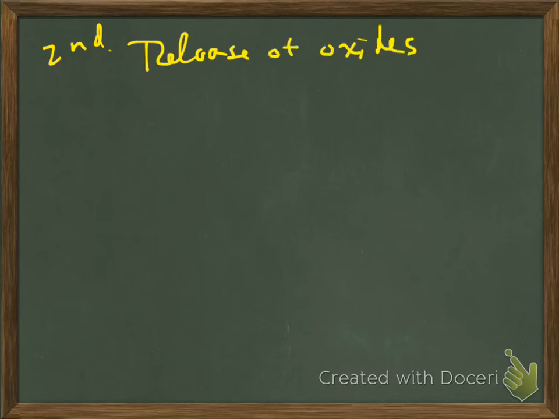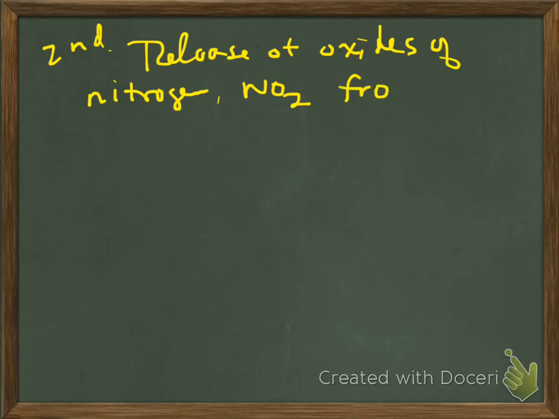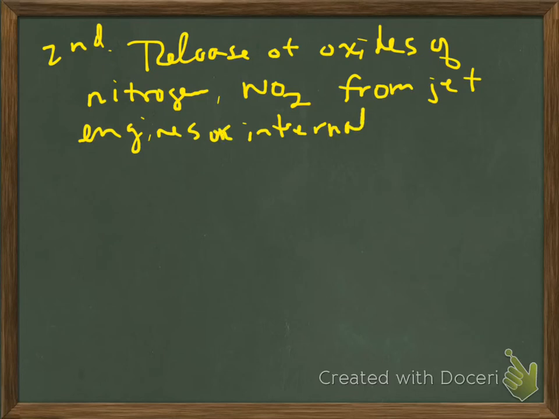All right, the second reason for acid rain to form is the release of oxides of nitrogen, things like nitrogen dioxide. These are from jet engines or internal combustion engines.